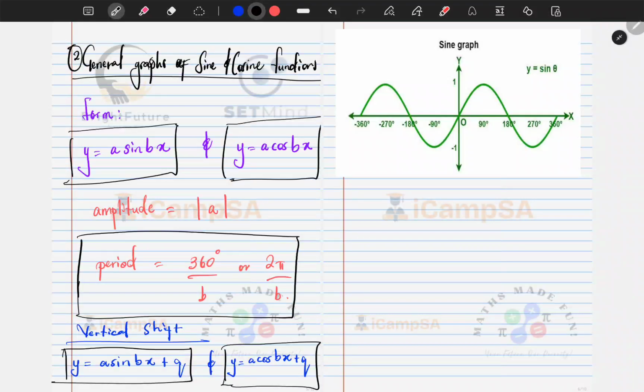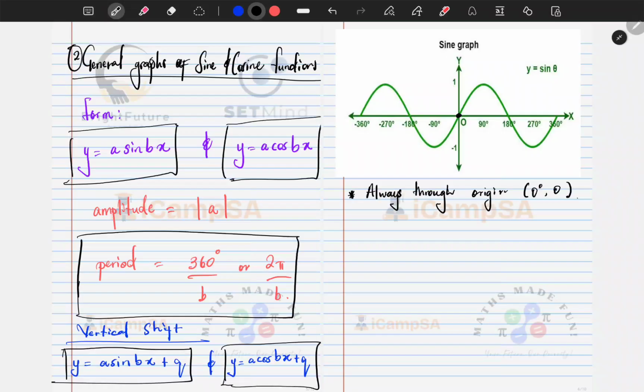The most important thing that you must always remember is that the sine graph will always pass through the origin, your 0 degrees with 0. As can be seen here, it passes through the origin.